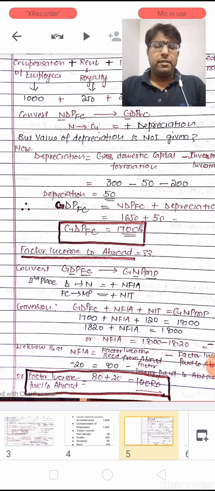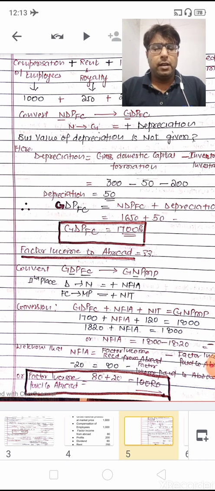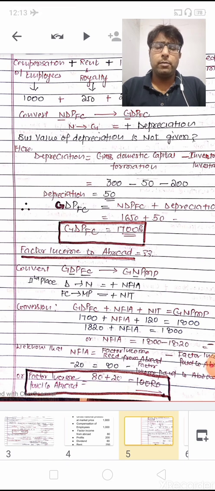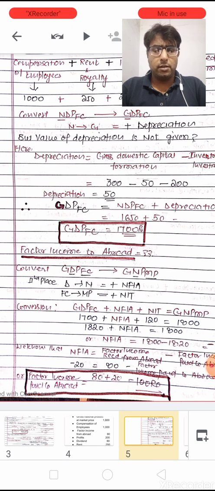Therefore we put it into the equation: GDPFC plus NFIA plus NIT equals GNPMP. So 1700 plus NFIA, I keep this value the same way because it is not given. If I get the value of NFIA, we can easily find out the value of factors income paid to abroad, because factors income from abroad is given to us in this question.